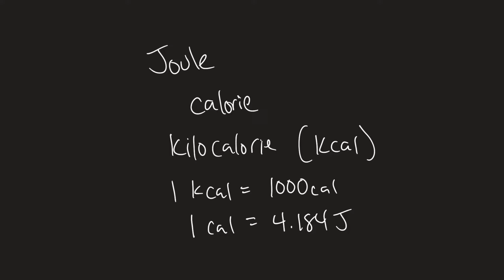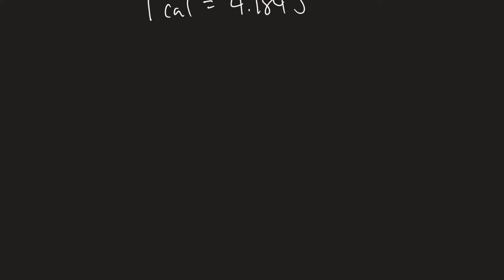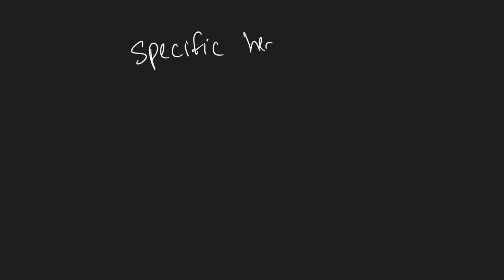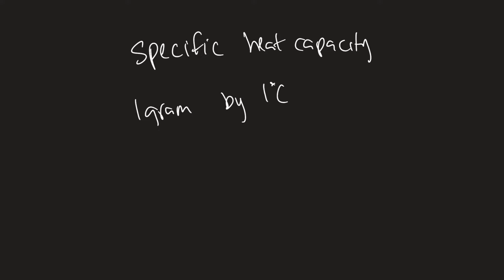Now, why is this important? Specifically when we're talking about specific heat. Specific heat capacity is basically described as how much energy is applied to a substance to increase 1 gram of it by either 1 degree Celsius or 1 Kelvin.